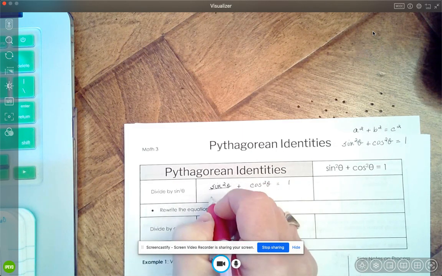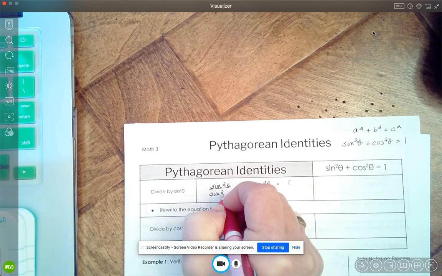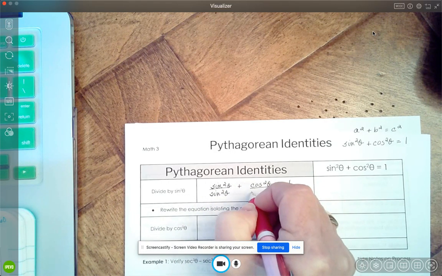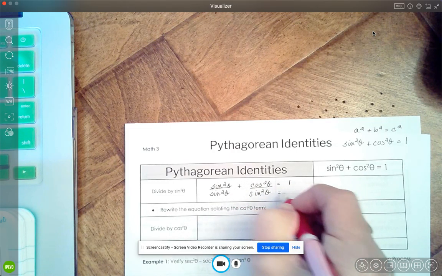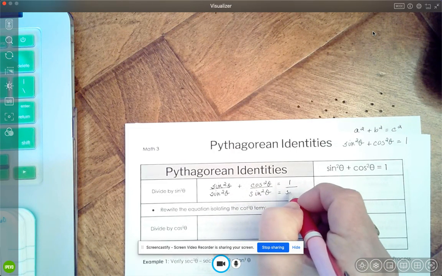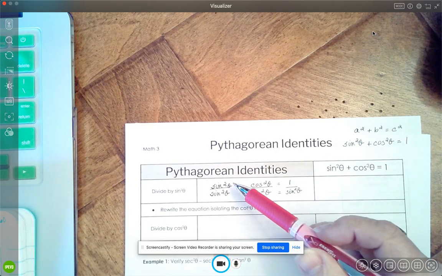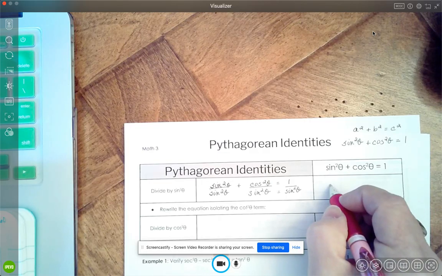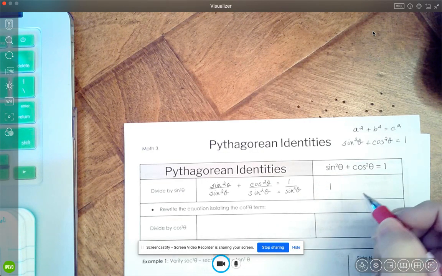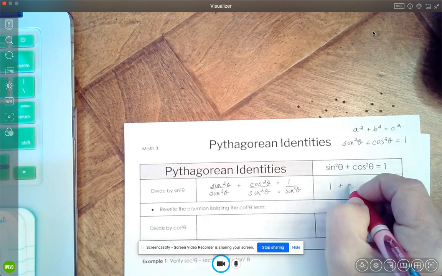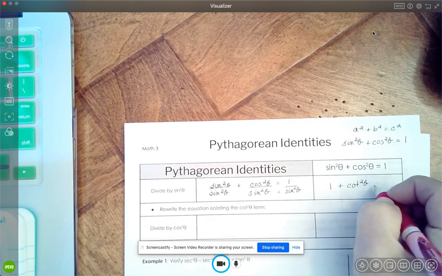Okay, if I divide it, I have the sine squared divided by sine squared of theta. Sine squared over sine squared is going to be 1. Cosine squared over sine squared is cotangent squared of theta.